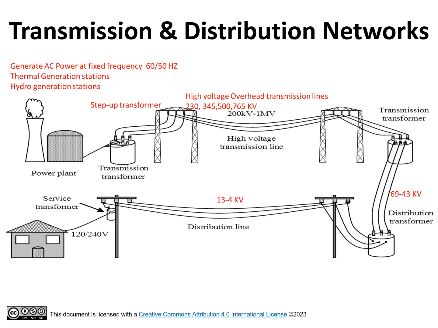The generator output voltage is not high enough to transmit the electrical power over long distance efficiently. To increase the transmission system efficiency, the output of the synchronous generator is connected to the step-up transformer to step up the transmission voltage and reduce the transmission current. The output of the step-up transformer is connected to the high voltage transmission line.